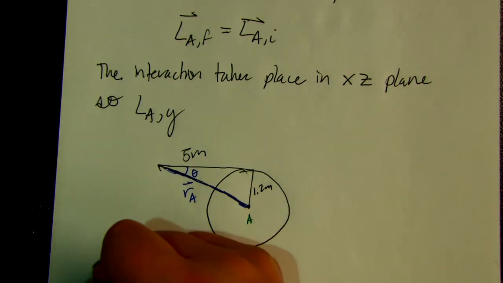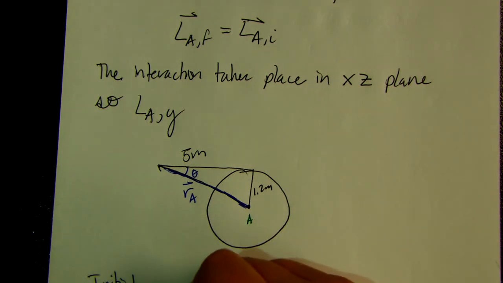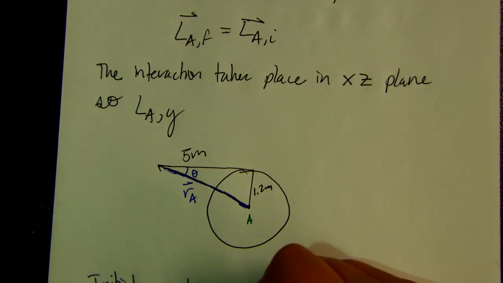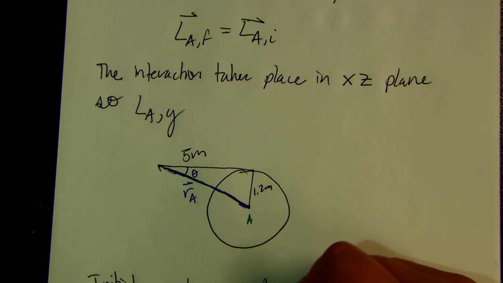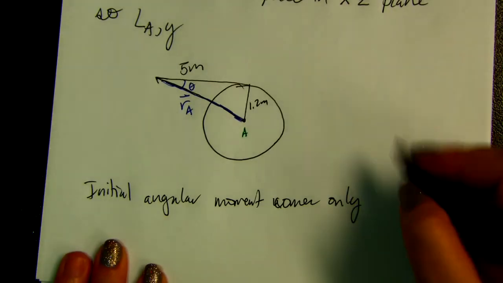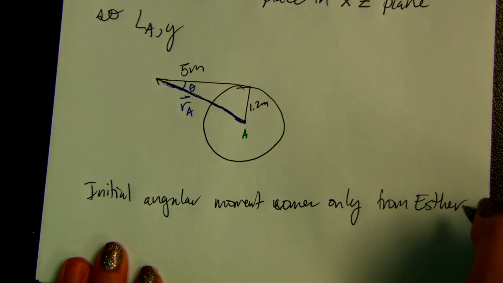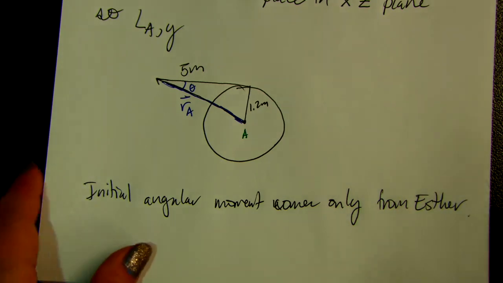Okay, so initial angular momentum comes only from Esther. The merry-go-round is not spinning. There are a couple of different ways you can go after angular momentum.